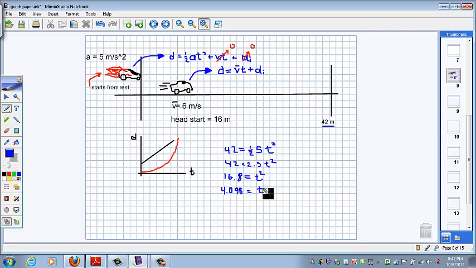And then for the steady guy, again, we'll put a 42 in for him. And his velocity, we said, was 6. The average velocity times the time, that's t, unknown right now, plus the head start, the initial distance of 16. So we're going to solve this for t, subtract 16 from both sides. 42 take away 16 is equal to 26.